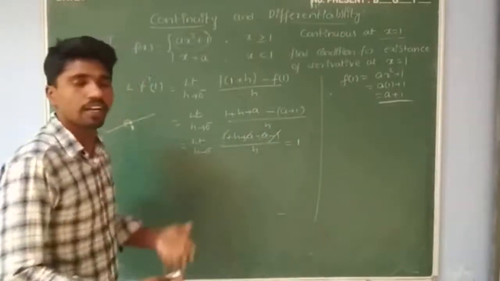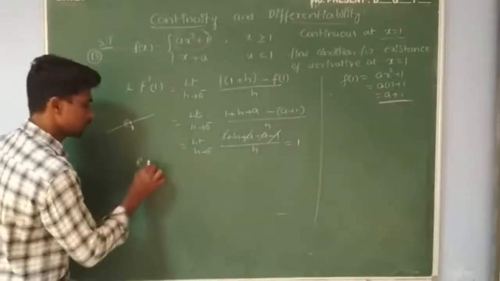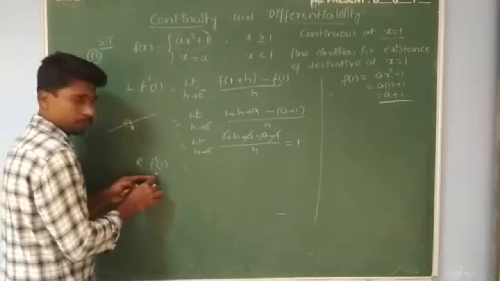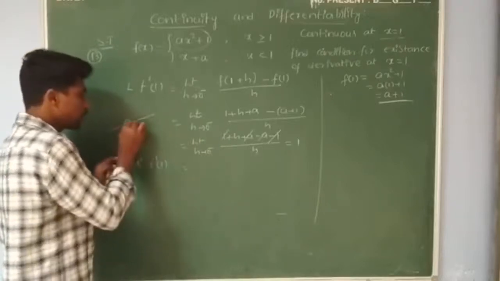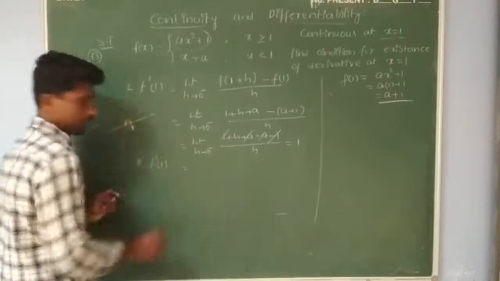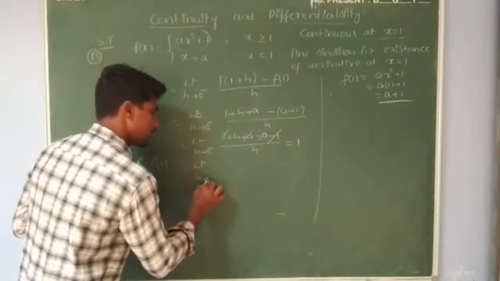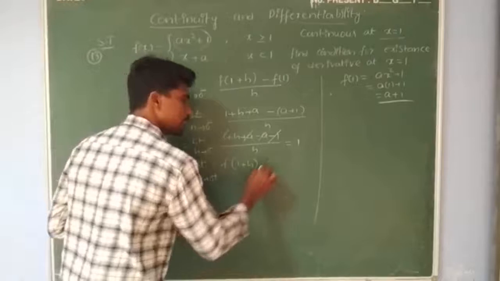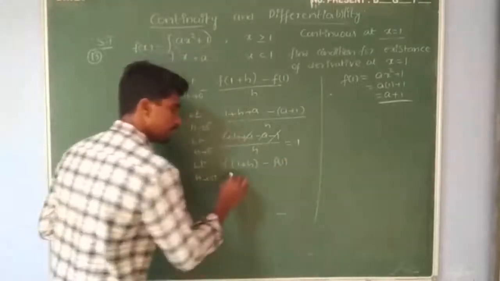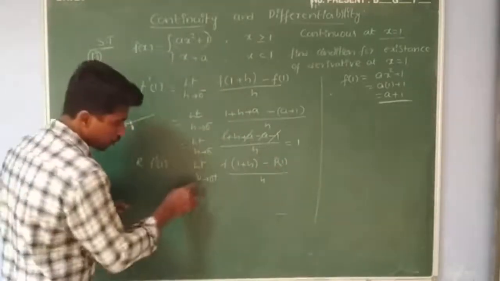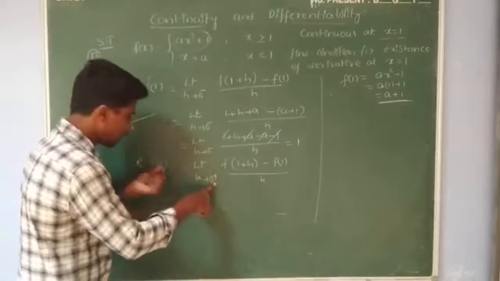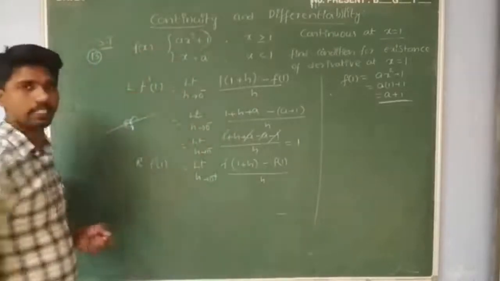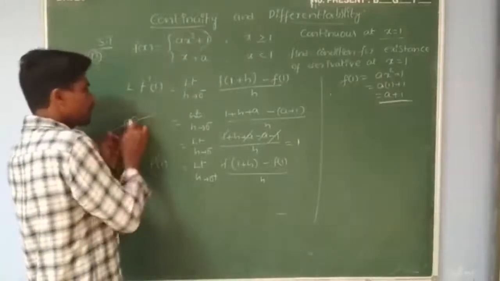Now I am going to find right derivative or f dash of 1. So what this represents? Approaching 1 from right side. Here limit h tending to 0 plus f of 1 plus h minus f of 1 by h. So h tending to 0 plus represents approaching the point 1 from right side.